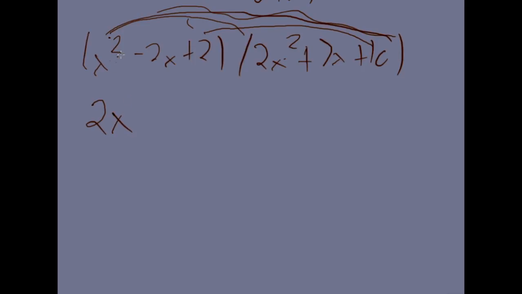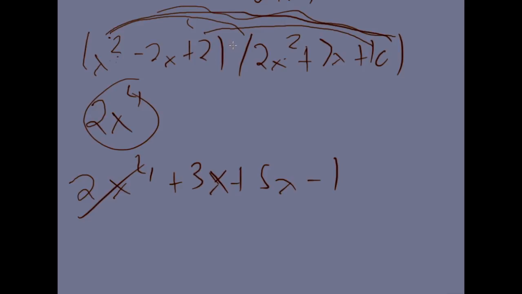So x squared times 2x squared is 2x to the fourth. And you remember our original, I'll show you our original right down here, that was the original thing we were dividing into. That should be next. Okay, and so 2x squared crosses out. And then 2 times 10 would be 20, right? And so it would be like, well, negative 1 and 20.